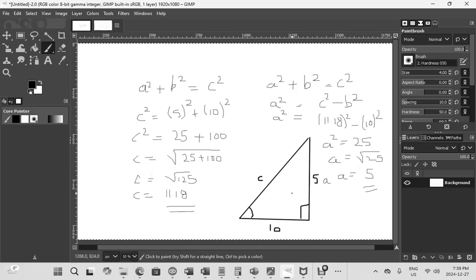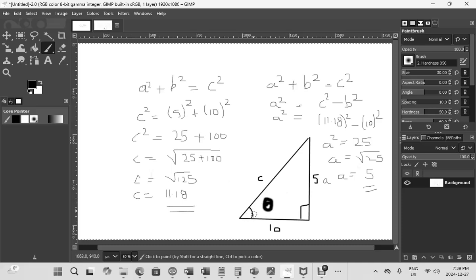Now when it comes to your angles, let's say you want to figure out what your theta is, the angle over here. To figure out your angle, all you need to do is use your trig functions.